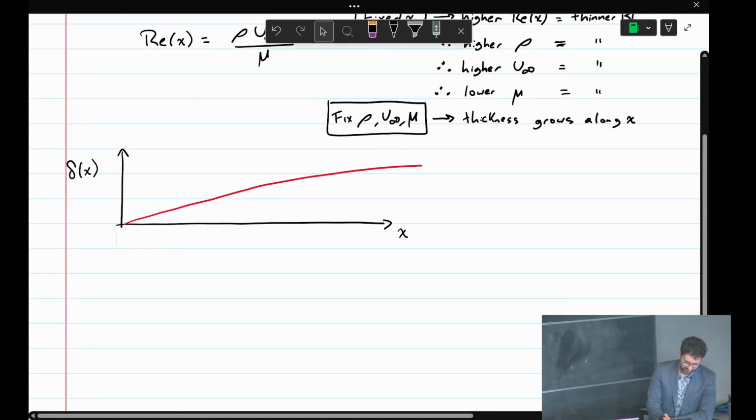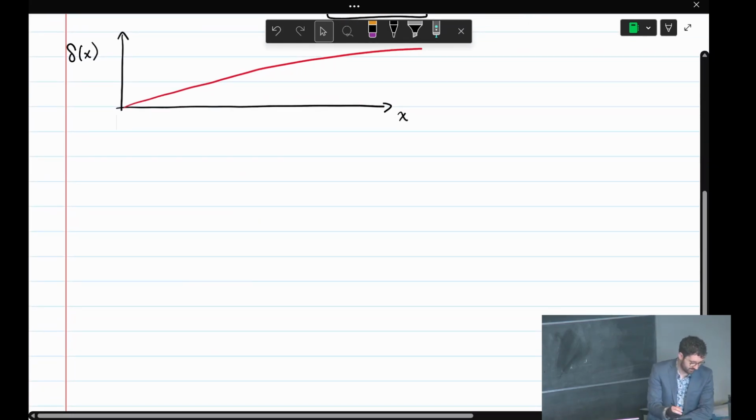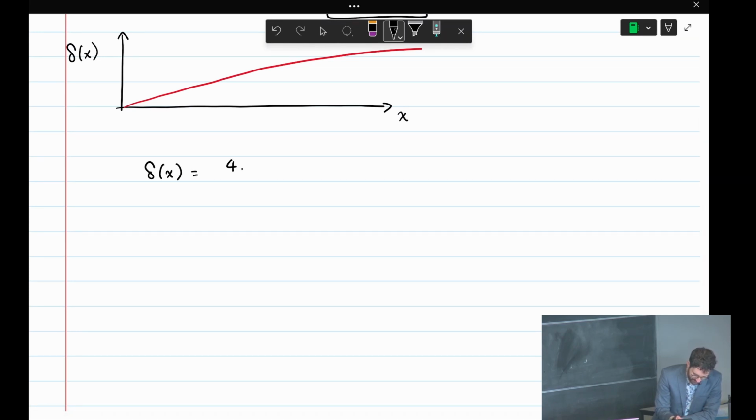Let me just repeat the question. I'll get the actual expression out here just to clarify. I'm going to write this down, but then I'll erase it. It's a really good question, so that's why I'm going to repeat it. So for a laminar boundary layer, we have delta of x is 4.91 x over the square root of the Reynolds number.